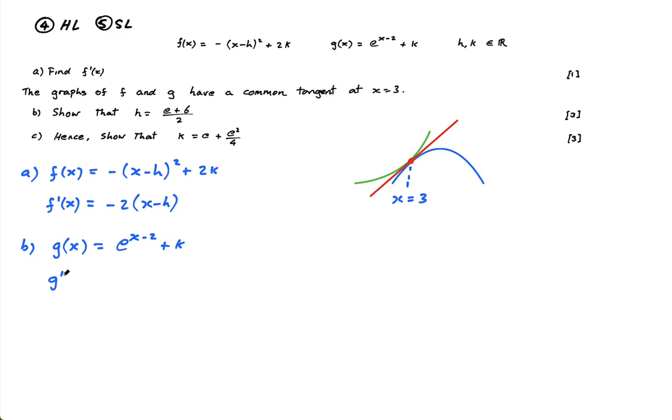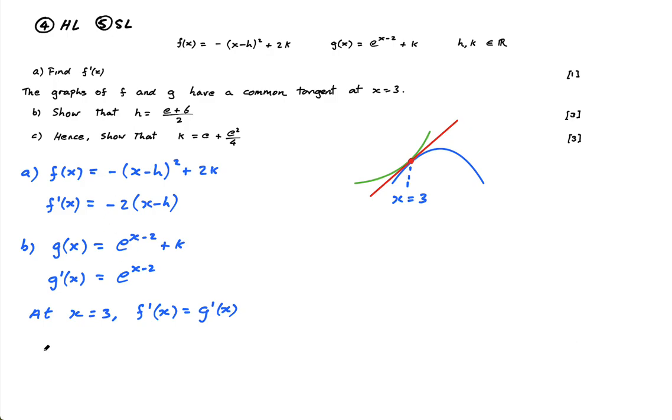G dash of x, because we're differentiating e, is just going to be e to the x minus 2, and again this k disappears. So it's important, let's write this, guys, at x equals 3, f dash of x equals g dash of x, or you could obviously write f dash of 3 equals g dash of 3.